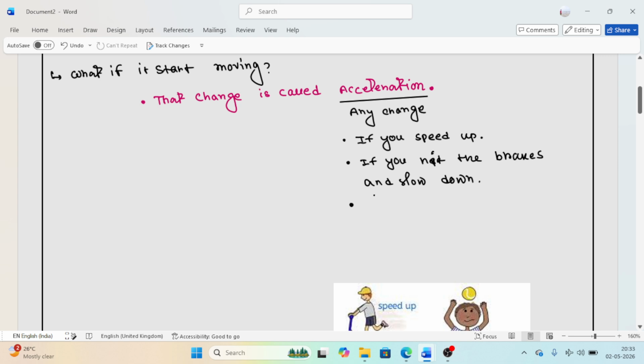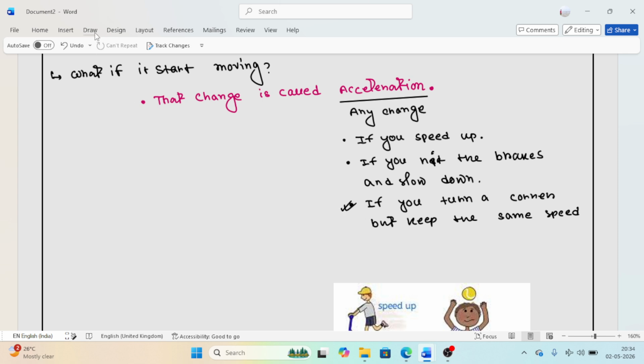And another one is, if you turn a corner but keep the same speed, that's also acceleration, because your direction changes in this situation.